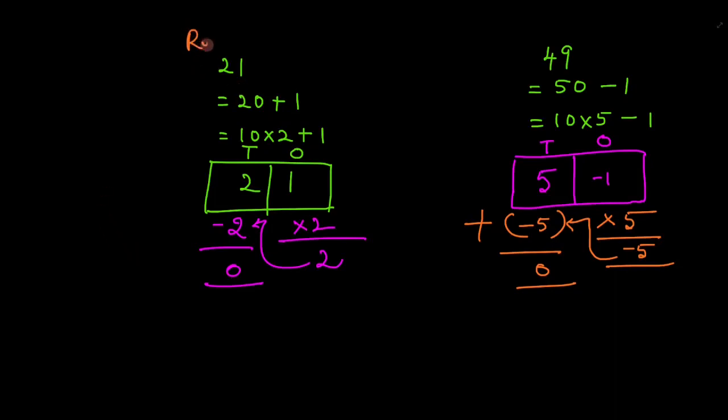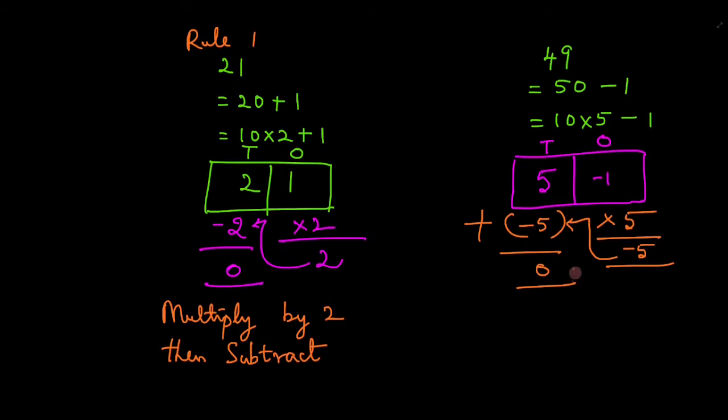In the first rule, we multiply by 2, then subtract. In the second rule, we multiply by 5, then add.